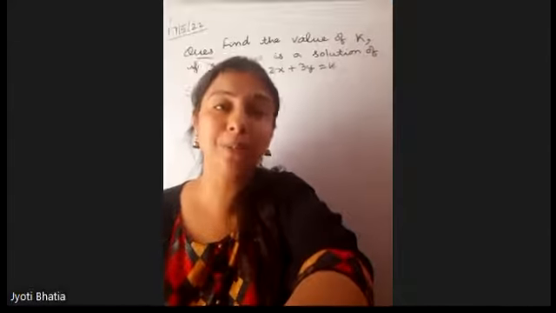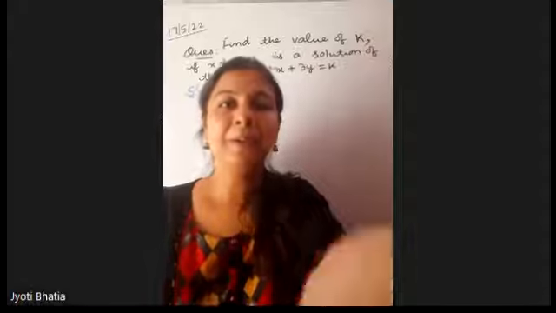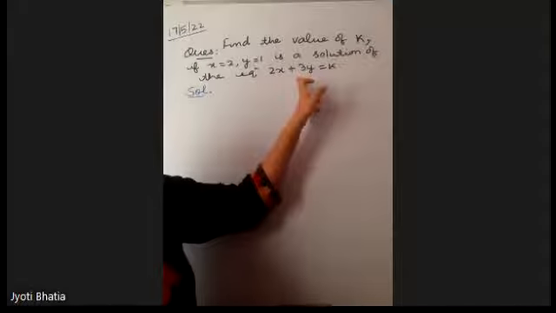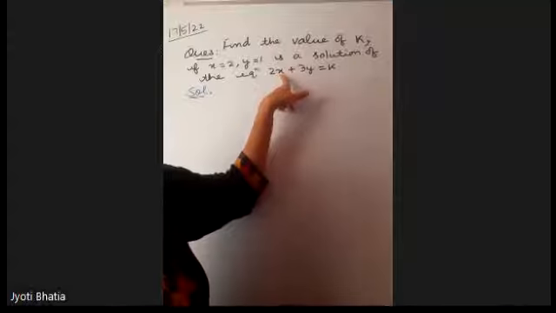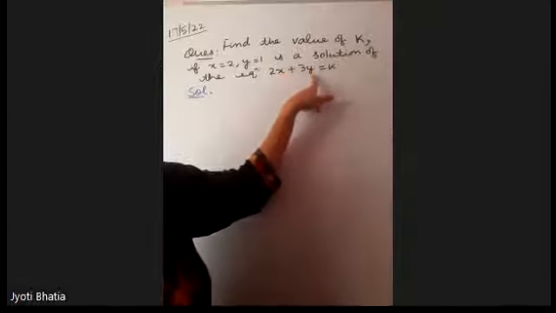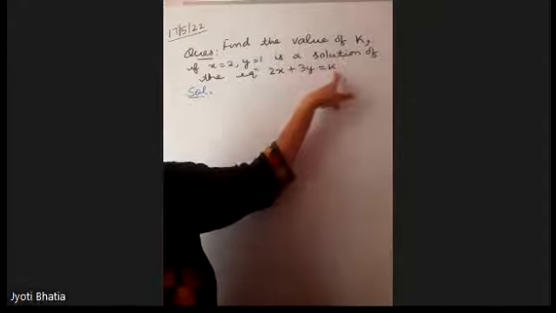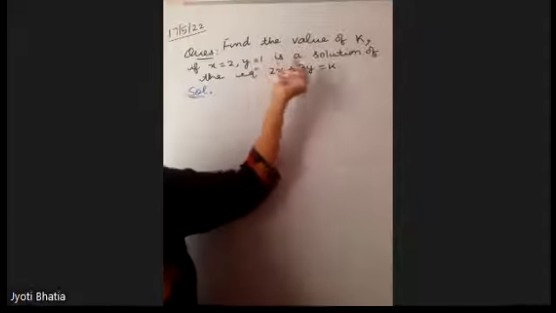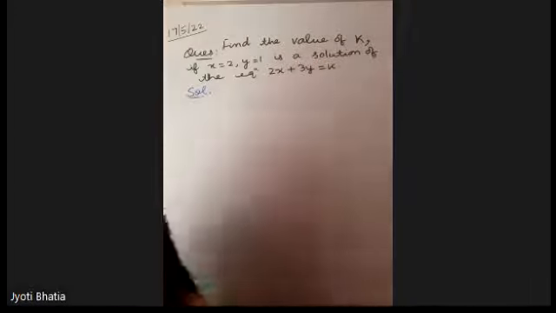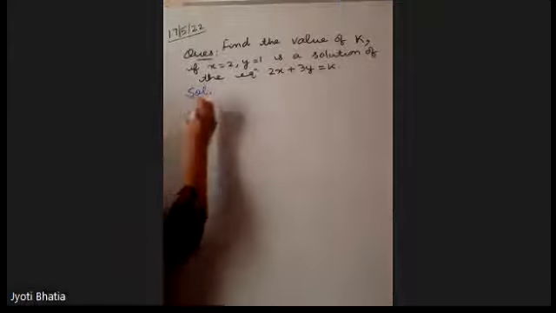So if you put x equal to 2 and y equal to 1, left hand side should be equal to RHS. Let's see how we get the value of k.